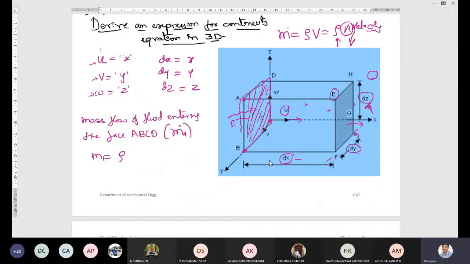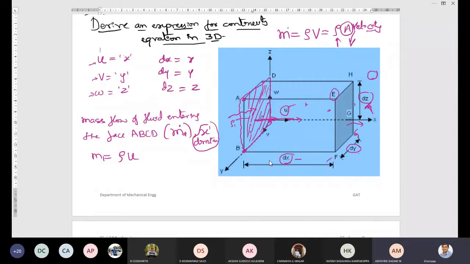Then what is the velocity in x direction? First I will derive for x direction, later we will derive for y direction and z direction. The velocity in x direction through this surface is u.